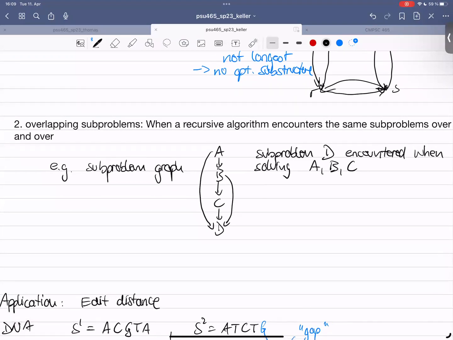So this is the reason why, for such kinds of problems where we have to solve the same subproblem over and over, dynamic programming is superior to a recursive approach.